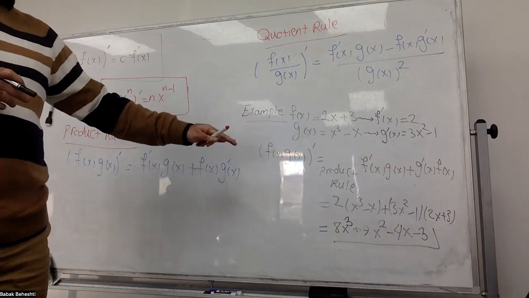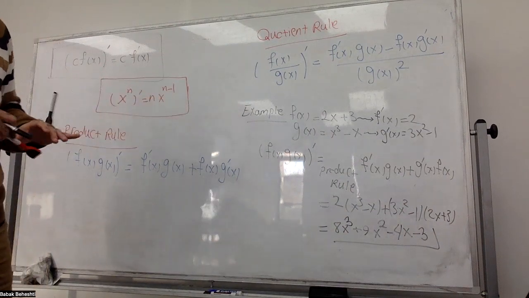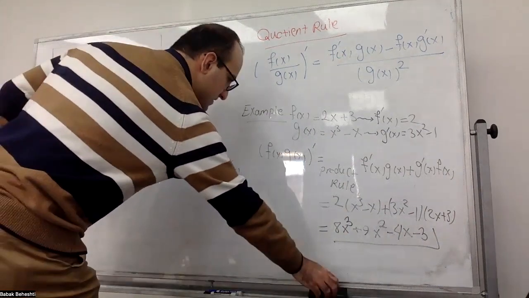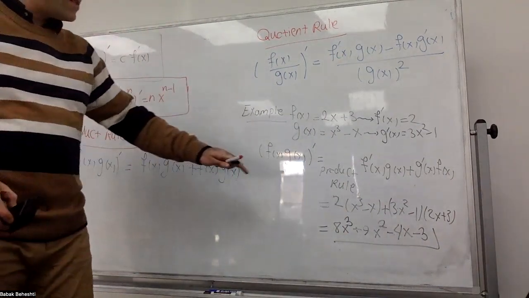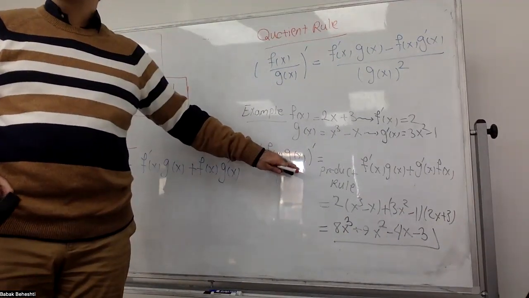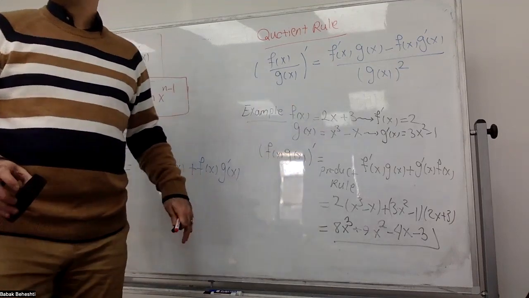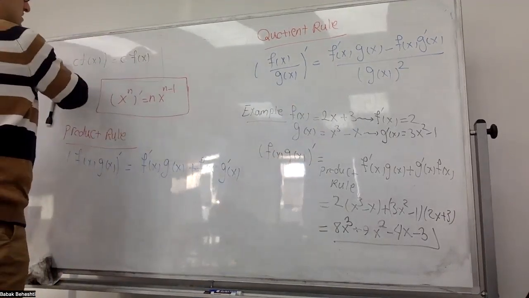So this is one way. Another approach, let me write it as a second approach, is to first multiply these functions and then compute the derivative. So this is another approach.